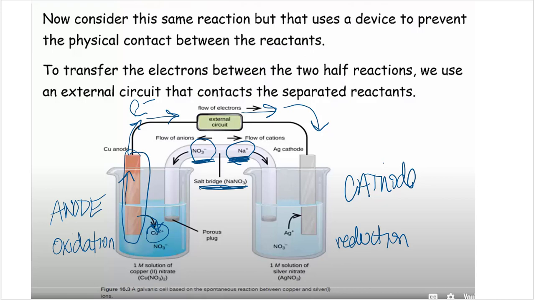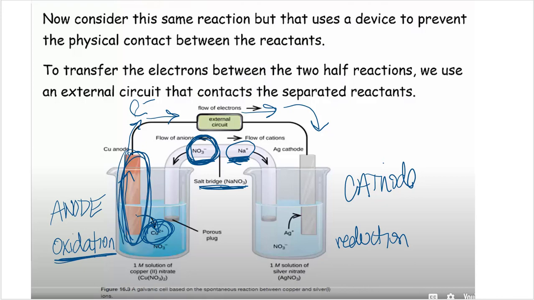Now, if the anode, the left side, the oxidation half cell, is generating more positive charge as time goes by, so as that electrode is going from solid copper to aqueous copper ions, we have to neutralize those positive charges. And that's where that nitrate is coming from. It's coming from the salt bridge. This NO3, because we're taking our solid copper, and we know oxidation is happening.